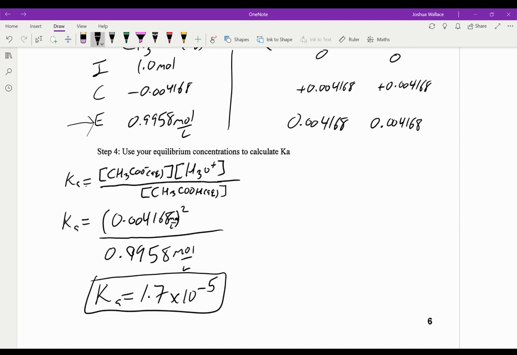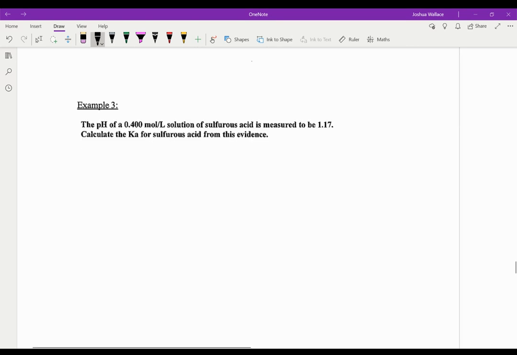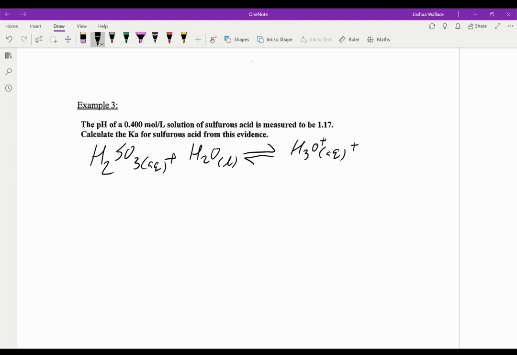All right. I am going to skip example 2, hop on to example 3. This one here, our sulfurous acid, H2SO3 aqueous, reacting with water, which is a liquid, to produce H3O plus aqueous and HSO3 minus, like so.